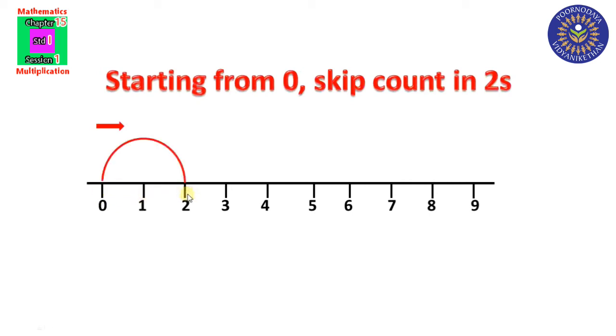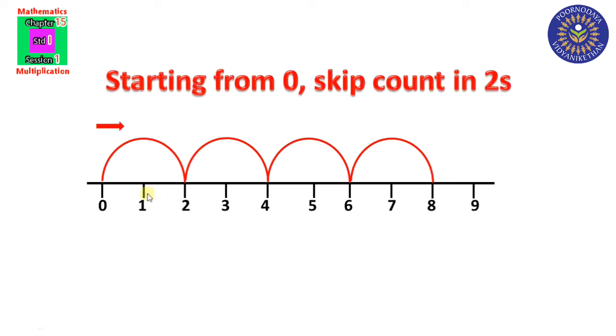We will reach on 2. Again we have to skip 2 numbers. 1, 2. Now we reach on 4. Again we have to skip 2 numbers. 5, 6. Clear? 7, 8. At last we reached on 8.